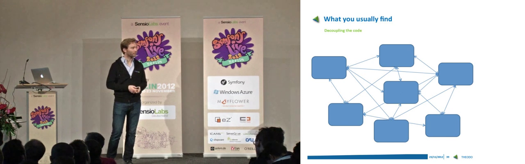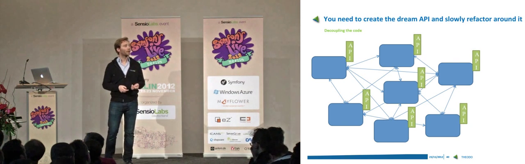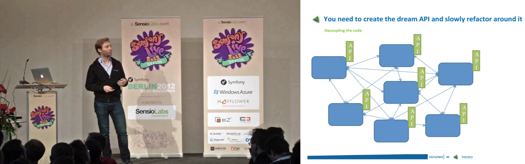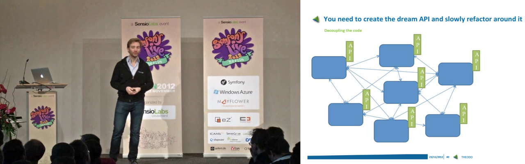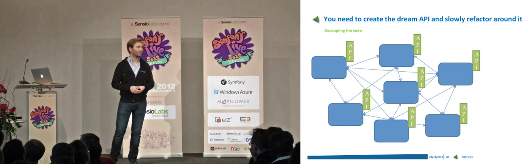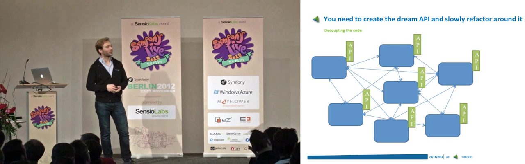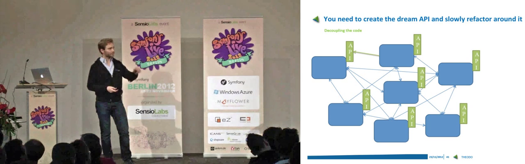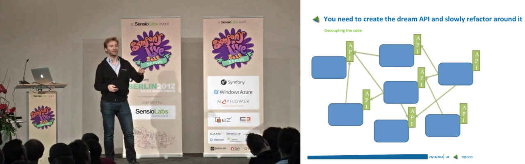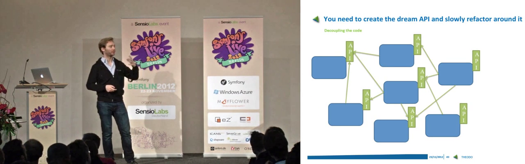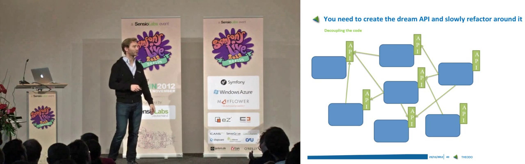Well, the solution is to create the dream API you wished had existed in the first place, and slowly refactor using TDD, test-driven development, around it, and slowly some couplings disappear, and you have this much nicer architecture. A good way to do that, and there are many really interesting books about it, is test-driven development, because you're testing around the API you would like to have, and this is a good way to refactor code.